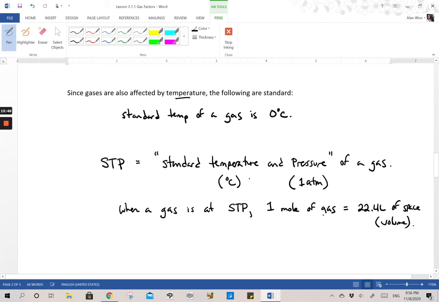So technically, in the stoichiometry unit, when we first learned that 1 mole of gas equals 22.4 liters, okay, the temperature and pressure should also be at standard in order for this to be true. So this one statement here that STP, right, it's telling us that gases are affected by temperature and pressure, and because it's affected by temperature and pressure, 1 mole, a certain amount of gas, would take up a certain volume of space. So it all kind of joins in together.